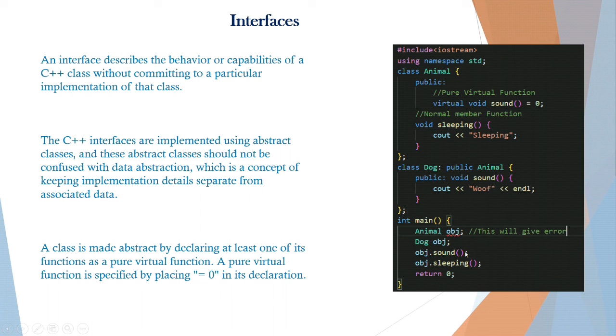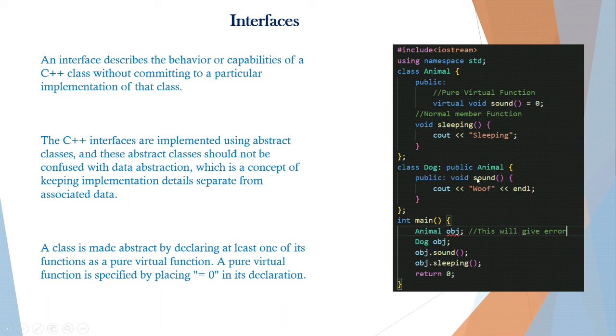For example, if a class is an abstract class and it has a pure virtual function, we cannot create any object of that class. You can see it here: when I am creating an object of class Animal, it gives an error because it is an abstract class. It means the whole class is abstracted and no one can access this class directly. So how do we access this class? You can simply make a child class of the main class, and access all the details of the parent class from the child class.